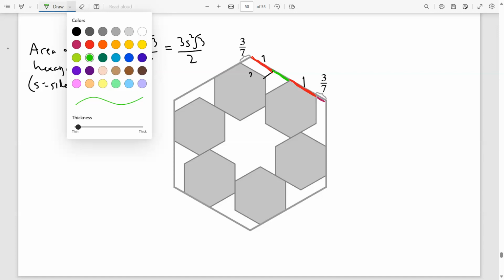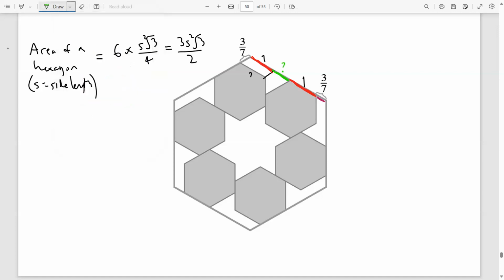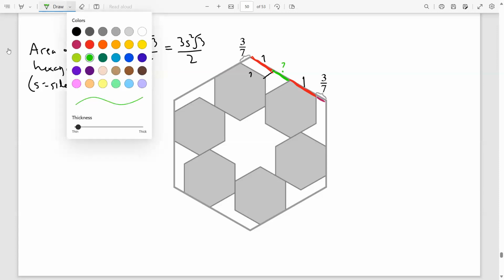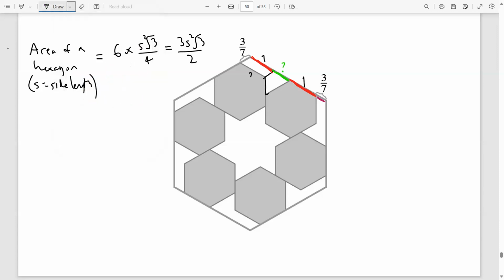So one way we can find the desired length is we can look at this trapezoid, as indicated in black. So we're going to have this little trapezoid here.